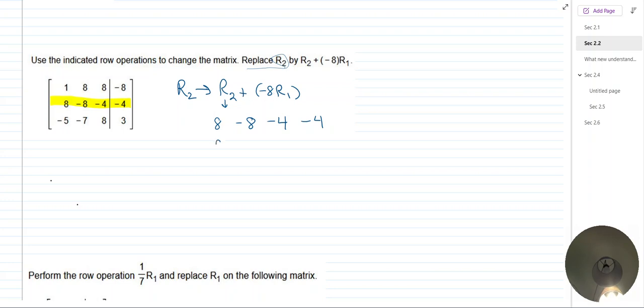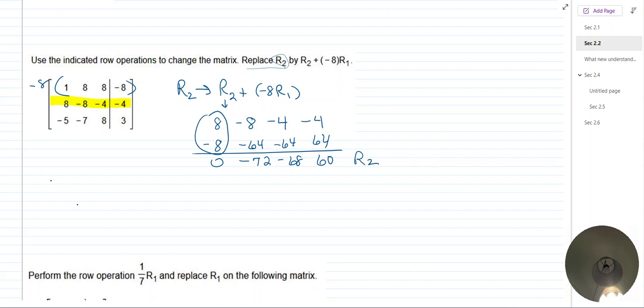So 1 times 8 is 8, negative 8, sorry. And then I'm going to have a negative 64, as I'm multiplying this row by negative 8, a negative 64, and a positive 64. And I'm going to add them. And this zeroes out. So I'm going to have a negative 72, a negative 68, and a positive 60. So this is my new row 2.